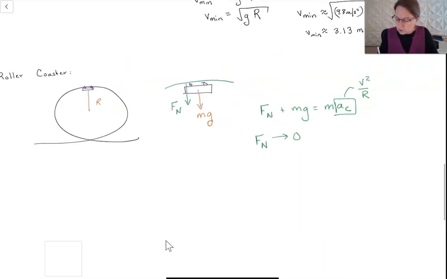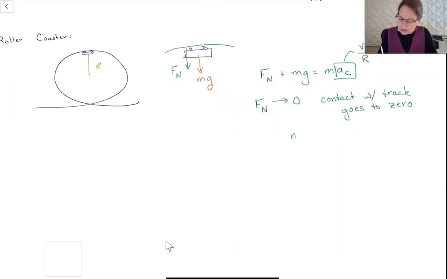As force normal goes to 0, that's when your contact with the track goes to 0. So right at that point, that's where we're getting in the danger zone. So we would say mg is again m v min squared over r, and so again it's the same equation because it's basically the same setup, square root of g over r.